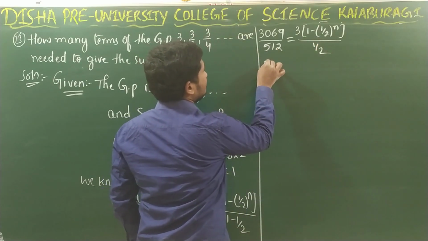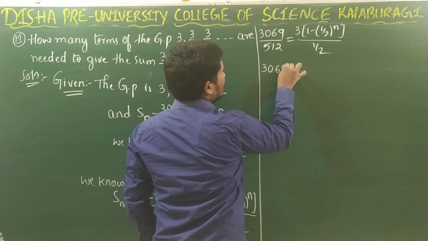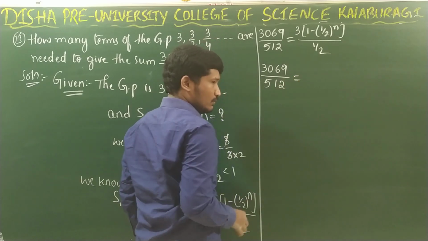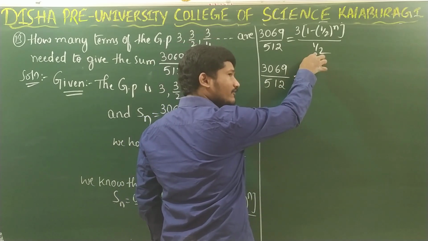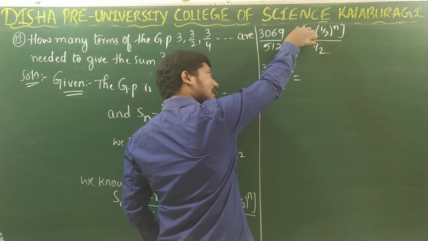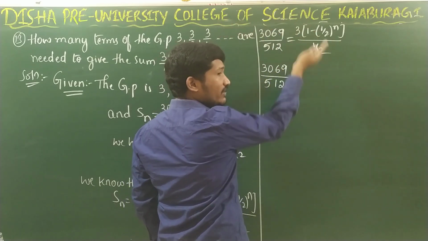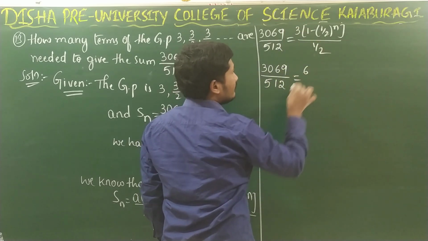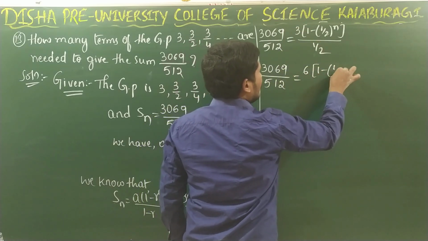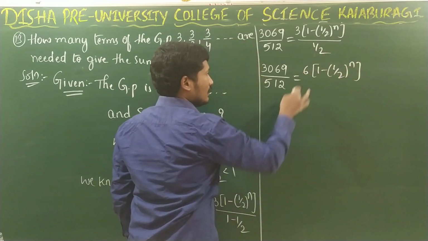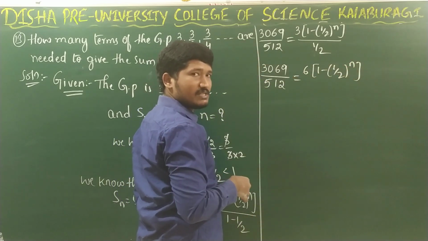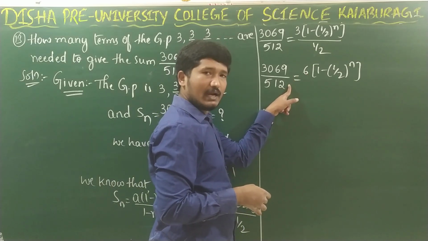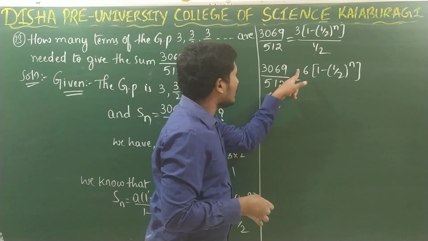Right? So 3069 divided by 512 is equal to, in the denominator we have the fraction term, so I can take its reciprocal, so it becomes 2 divided by 1. So 2 goes to the numerator, 3 into 2 will be 6, into 1 minus 1 by 2 whole power n. Transfer this 6 to the LHS, that is the left hand side. So this will come to the denominator. What I will get is 512 into 6.